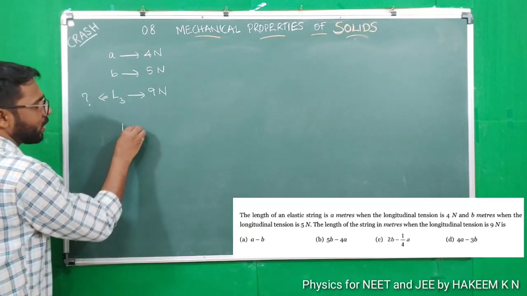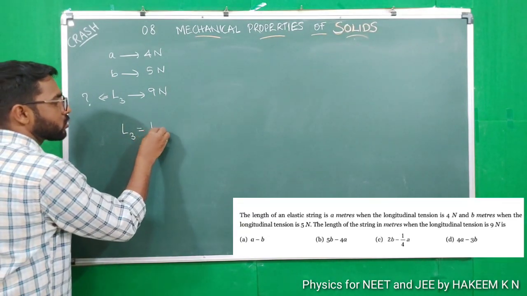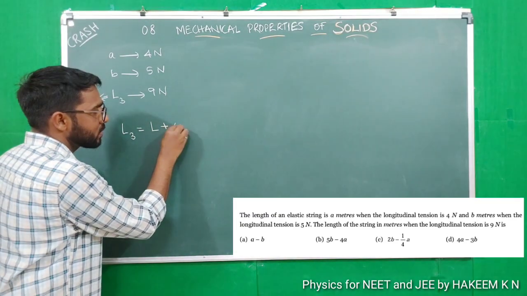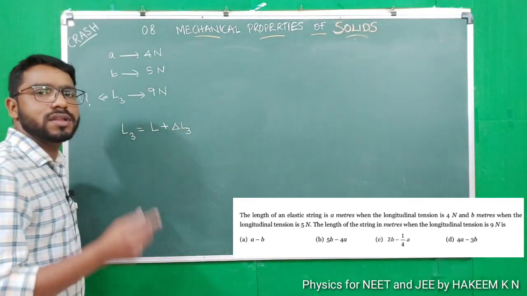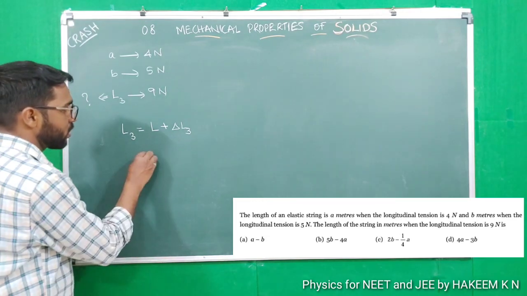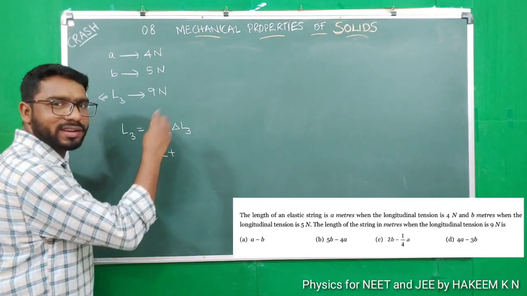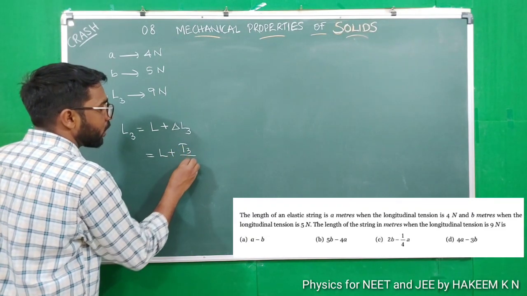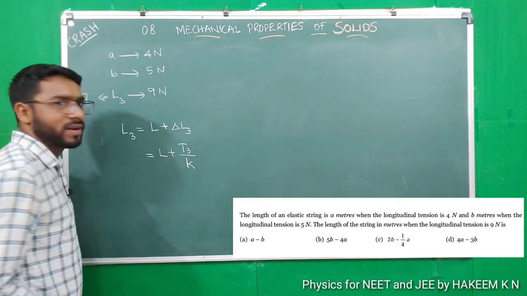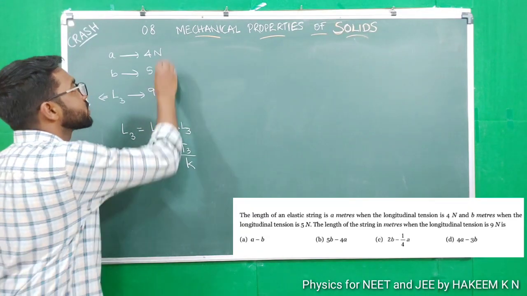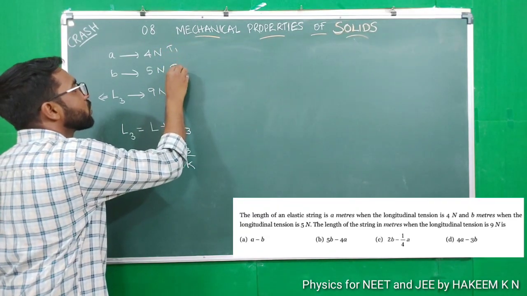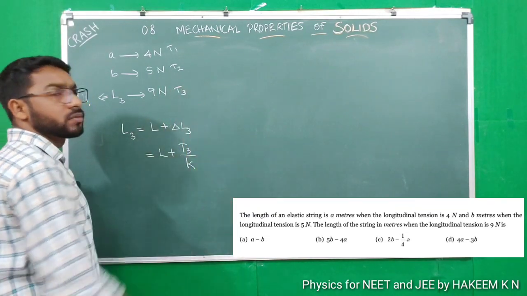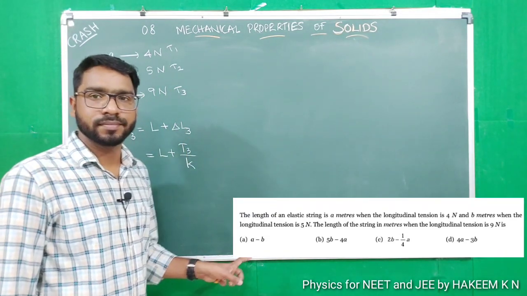What will be the length L3 equation? Actual length L plus the extra length in third case, delta L3. L plus that delta L3 we can write T3 by K. What is T3? Tension in third case. This is T1, here 5 Newton is T2 and 9 Newton is T3.